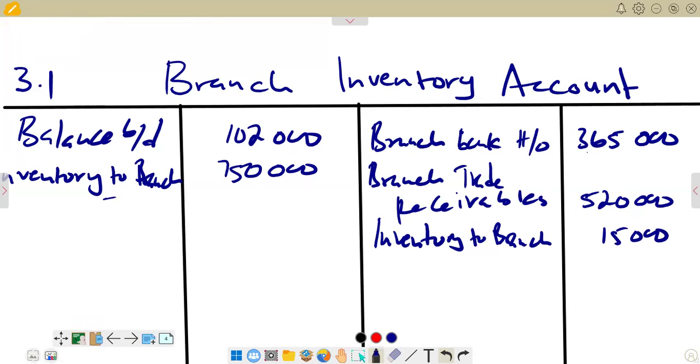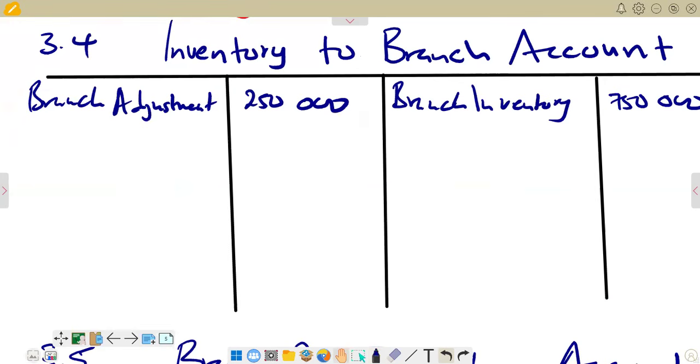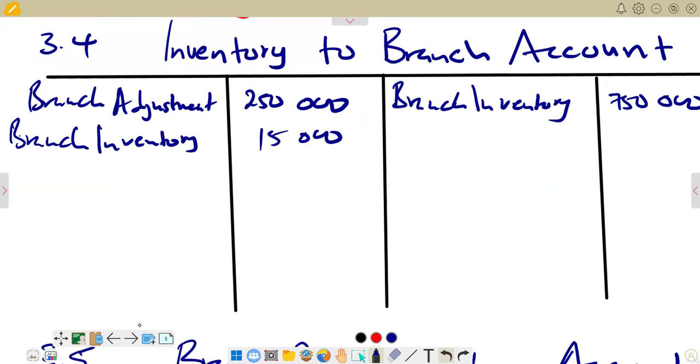Then the corresponding entry, we go to the inventory to branch account and debit it with 15,000. So we are here, we are saying branch inventory, 15,000. Then we've got the markup part, which is our 5,000.